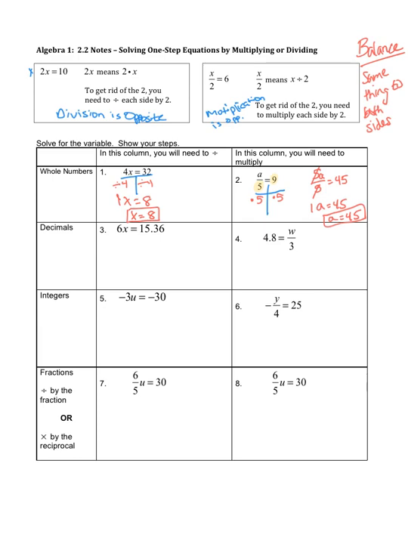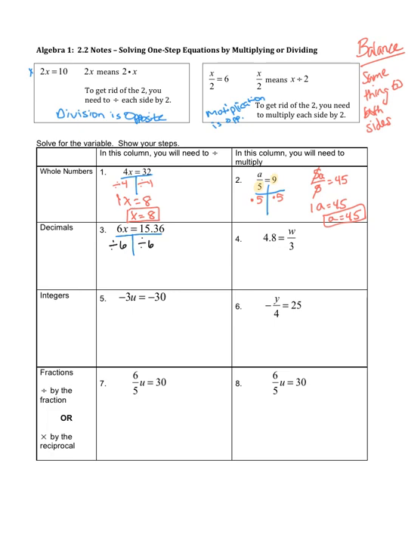Next equation, decimals. Do things get different with decimals? No, it just means that Mrs. Gates has to pull out her calculator because I'm not good at dividing decimals in my head. But the process is the same. We still want x by itself. So we are going to divide by 6, divided by 6.